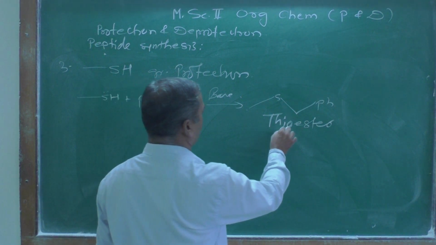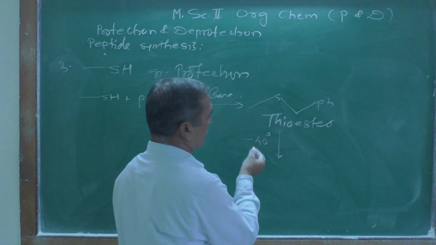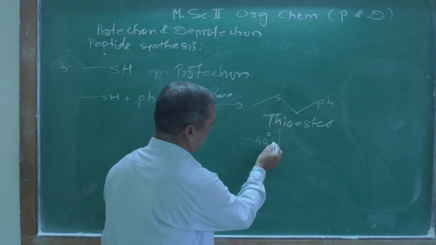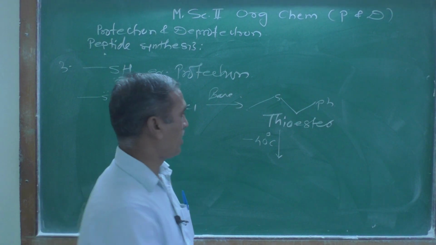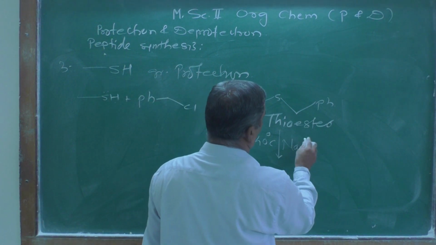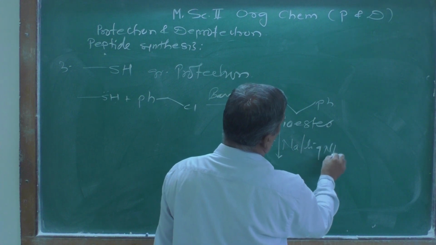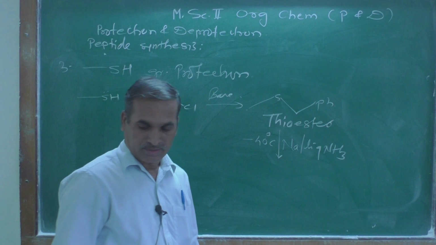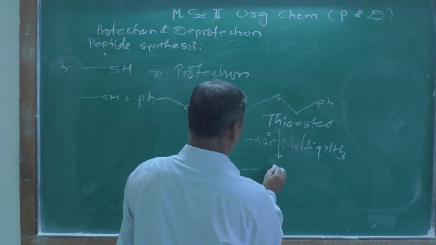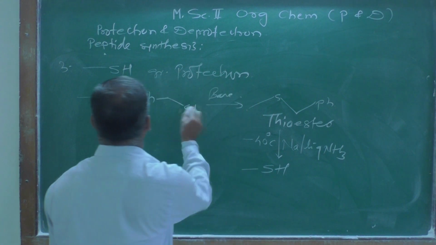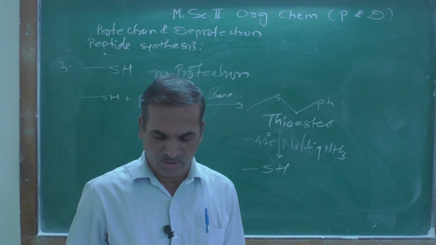This is further treated, with the reaction carried out at a lower temperature, minus 40 degrees centigrade, with sodium in the presence of liquid ammonia, NH3, and you will get the deprotection of this thiol. So we get the SH back. This is about the protection of thiol.